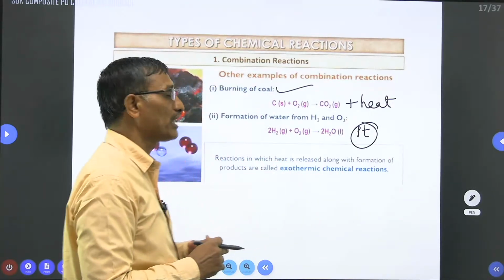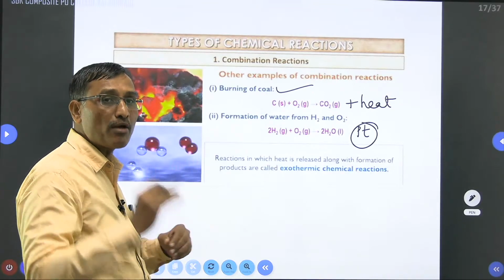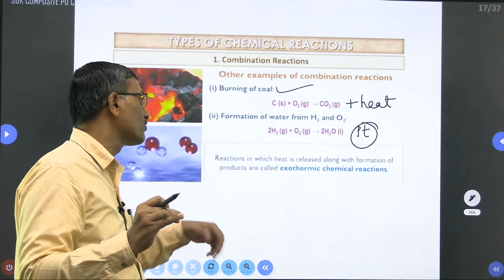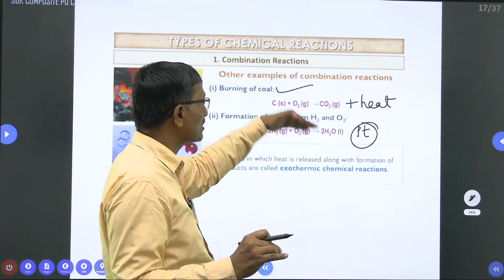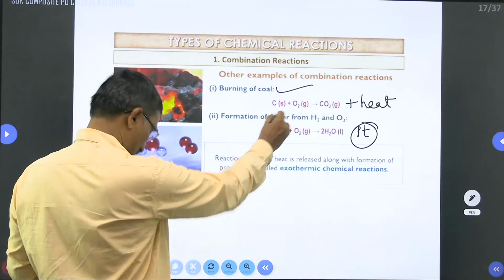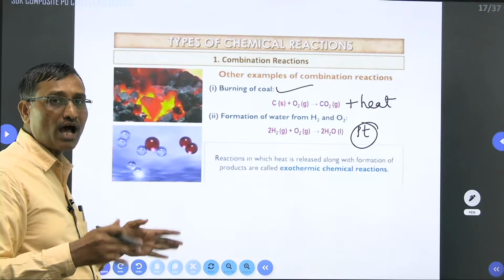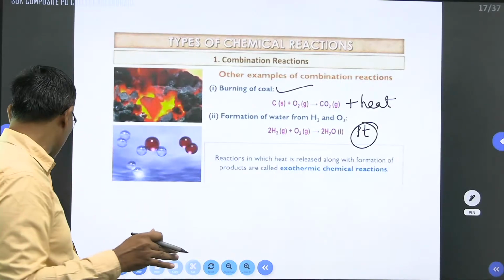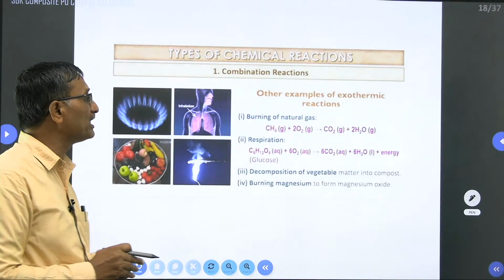Hydrogen gas combined with oxygen, in the presence of a platinum metal catalyst, gives rise to the formation of water. But these are to be taken as the best examples for a combination reaction. So A plus B gives rise to the product AB. So two reactants or more than two reactants combine to form a single product, that is known as chemical combination.